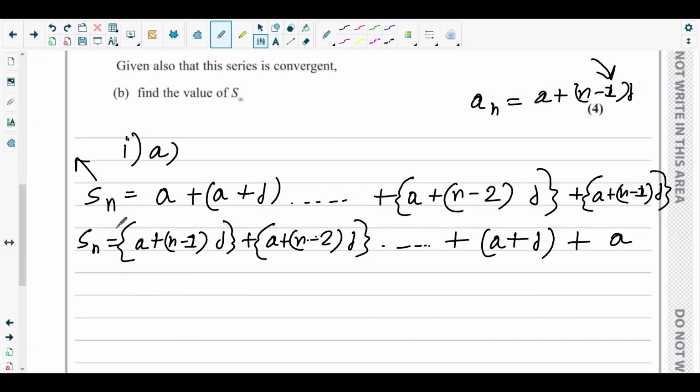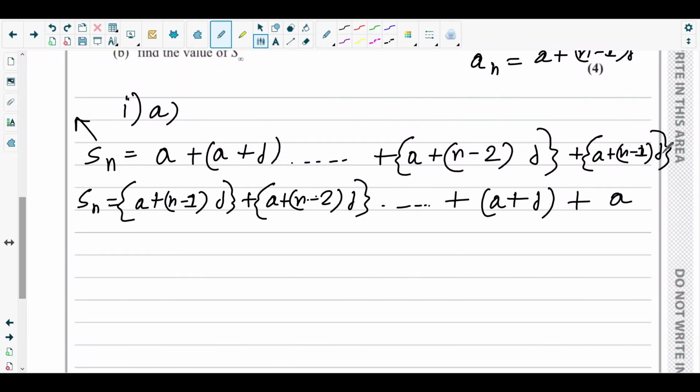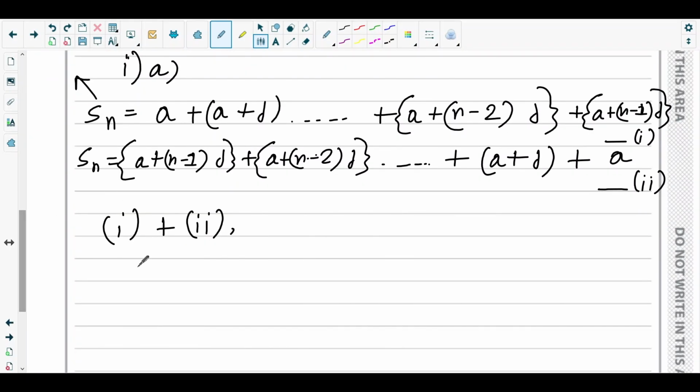Okay, now add both of the series. Let's say this is the first and this is the second. First plus the second gives you S of n plus S of n, which is twice S of n.